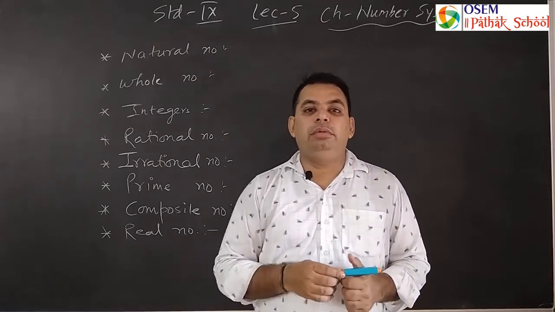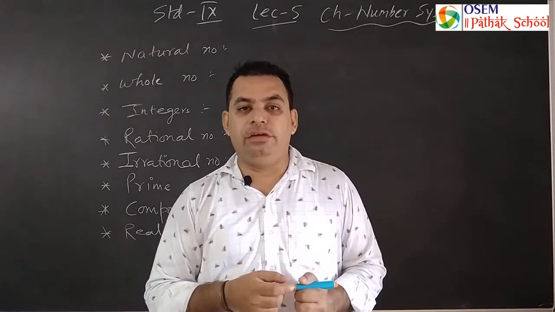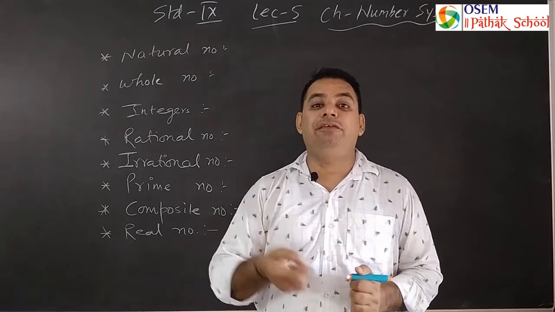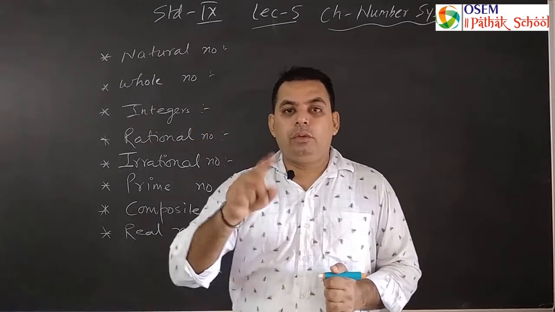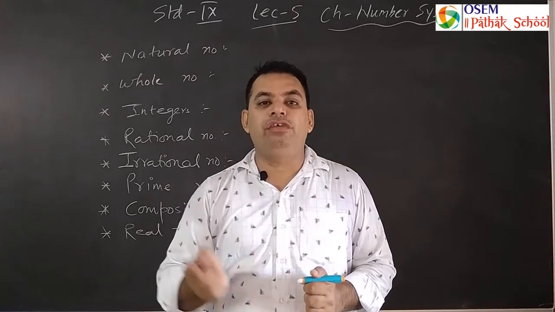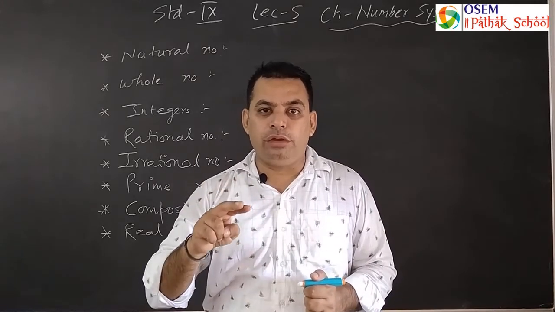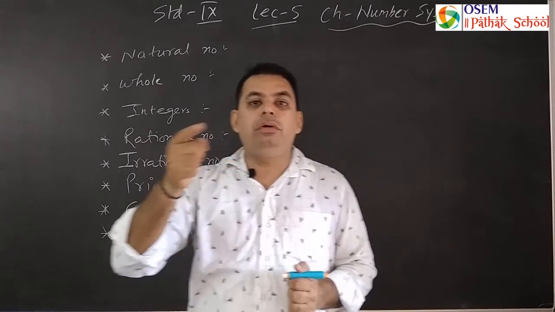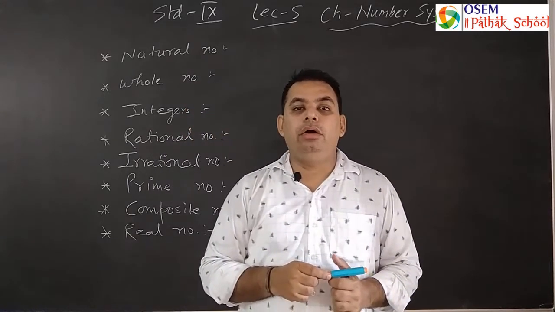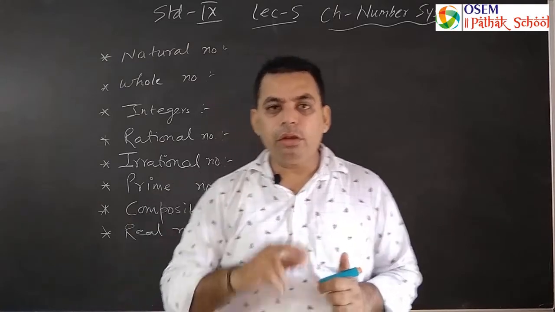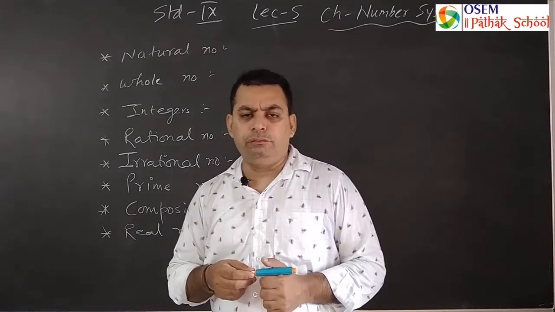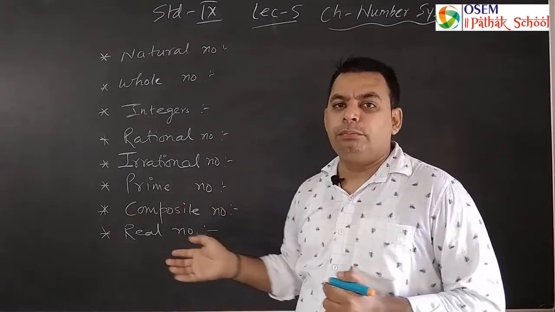Composite numbers are the numbers having more than 2 factors. Like 8: 1 into 8, 2 fours are 8. So 8 is an example of a composite number having more than 2 factors.